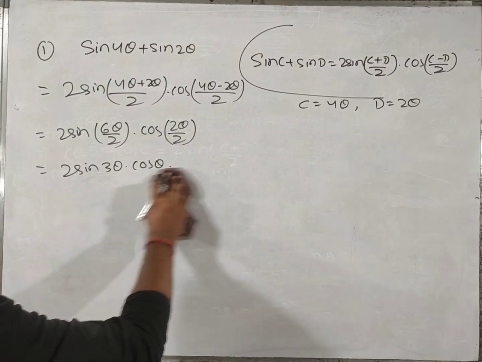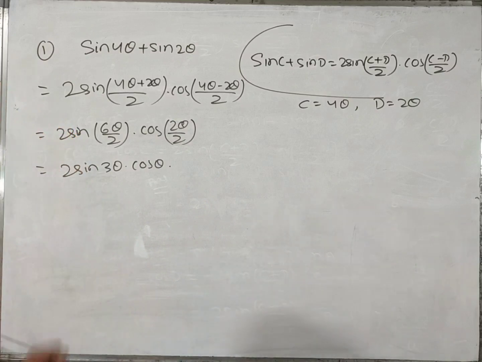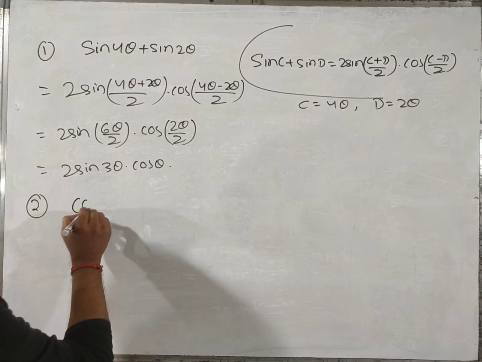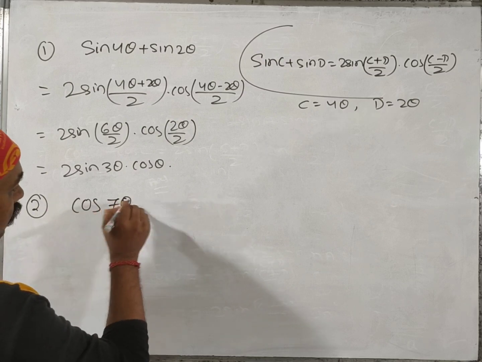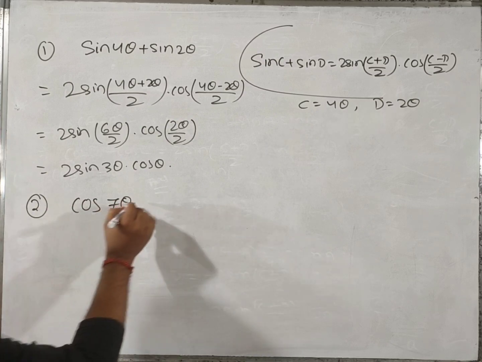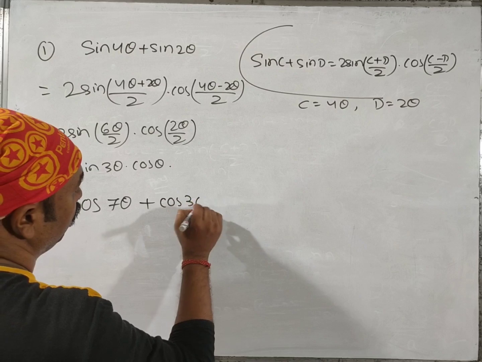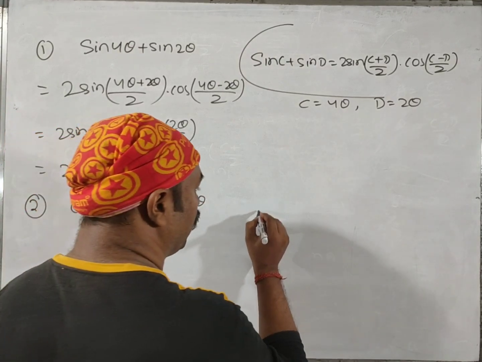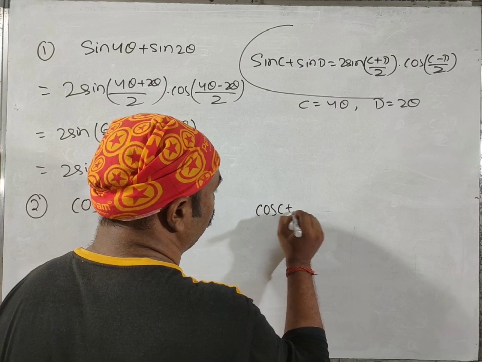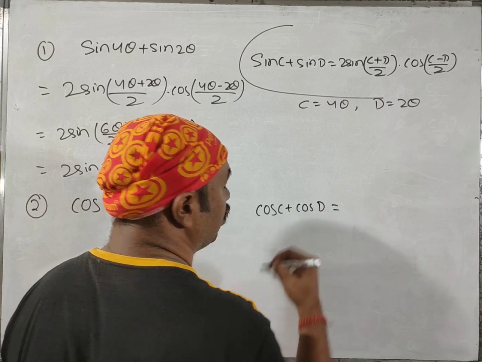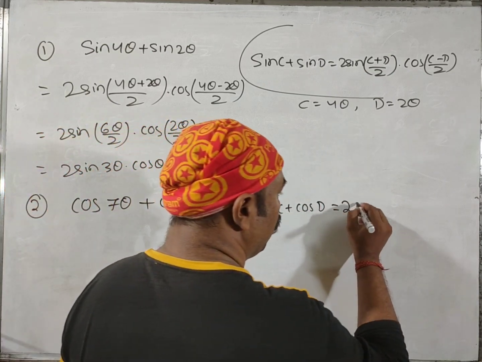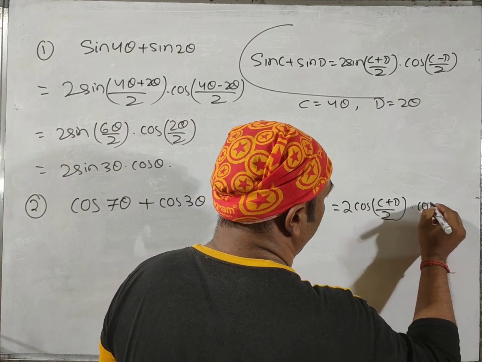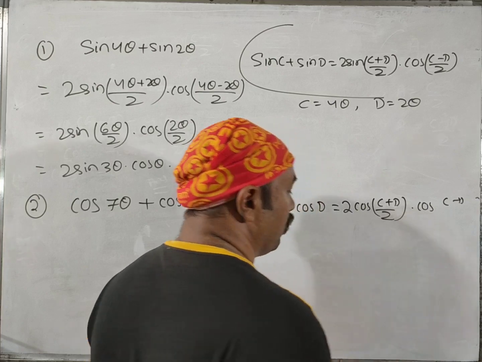Now let us discuss another problem, the last problem based upon the second type. Suppose it is given cos 7 theta plus cos 3 theta. You can see that this is a problem based upon the formula cos C plus cos D, which is 2 cos((C plus D)/2) into cos((C minus D)/2).